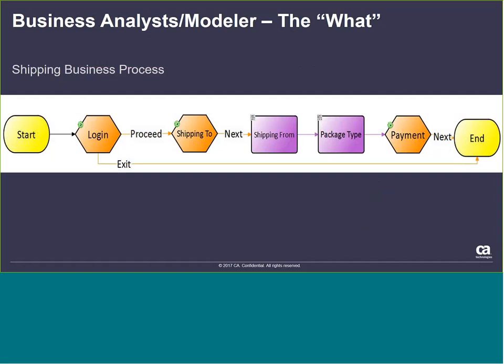If this login is successful, this leads to a shipping subflow followed by a shipping package type process node, and then to a payment subflow, and then completing the flow, ending the flow. So this is how a flow looks in the Agile Requirements Designer that a modeler or a requirements engineer would create based on the requirements.